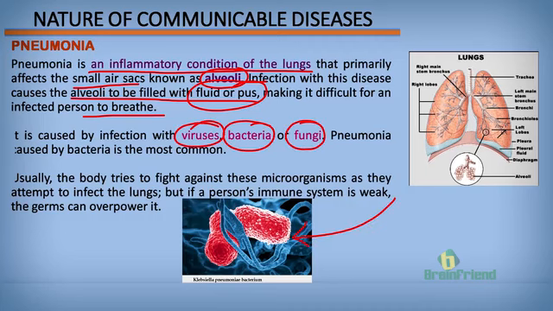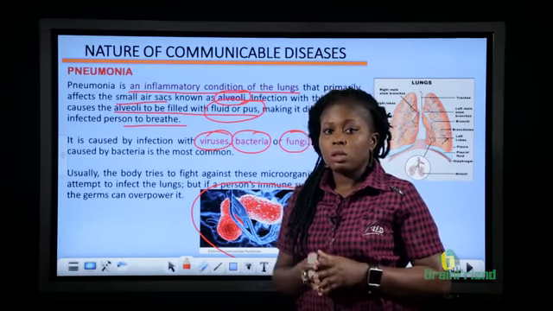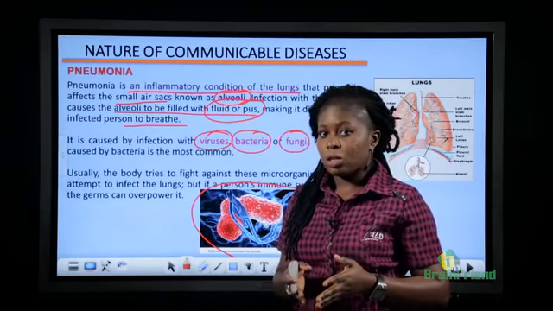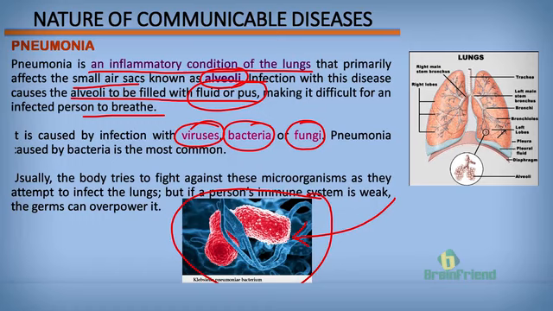So we have a bacterial pneumonia represented on the board here. We also have viral pneumonia, we have fungal pneumonia. So treatment of pneumonia usually depends on which of the pathogens is causing that particular pneumonia. Although pneumonia caused by bacteria is the most common form of pneumonia.